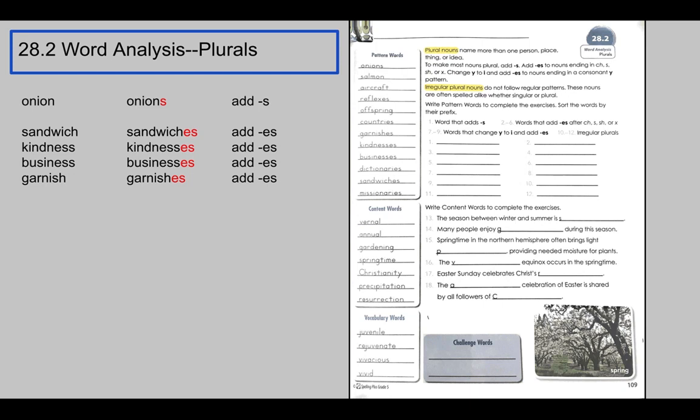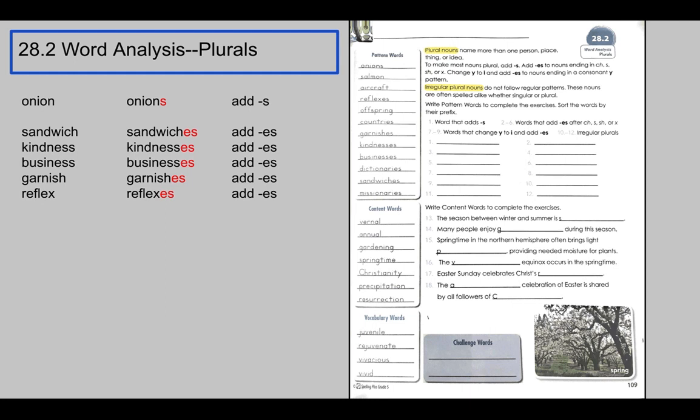But let's say they put a piece of lettuce and they put a rose made out of a vegetable like a radish. That would be two garnishes on the plate. Garnishes is the plural. We add ES because garnish ends in the letters SH. So CH, SS, and SH words all end in ES to make them plural.